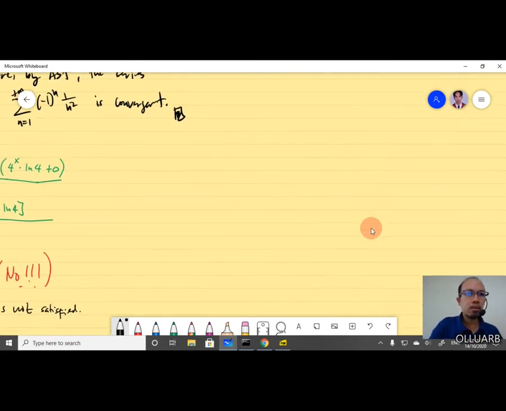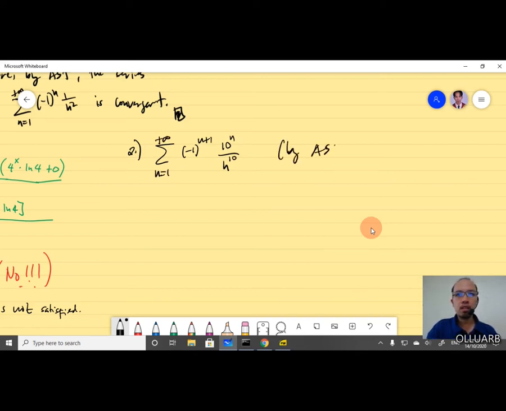Example number 2: again, show that the series negative 1 to the n plus 1, 10 to the n over n to the 10, as n starts from 1 to infinity, by AST, is convergent or not. Okay, solution.